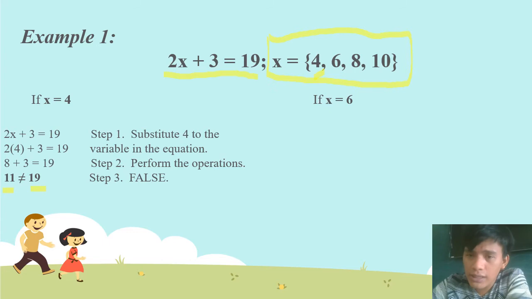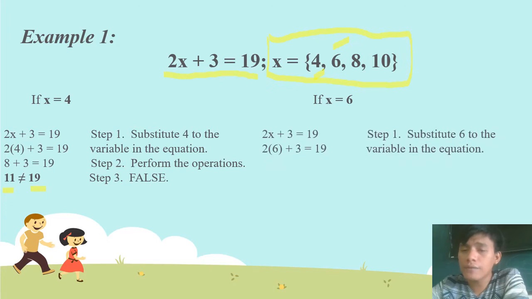Now, we will use 6. If x is equal to 6, substitute 6 to the variable in the equation. That will be 2 times 6 plus 3 is equal to 19. Then step 2, perform the operations. 2 times 6 is equal to 12, plus 3.